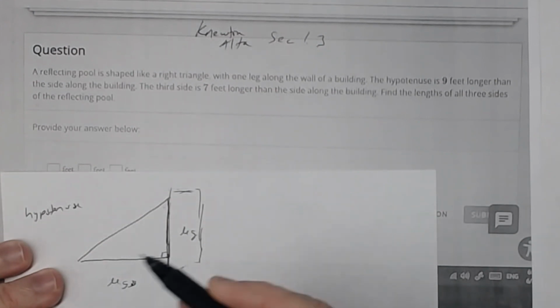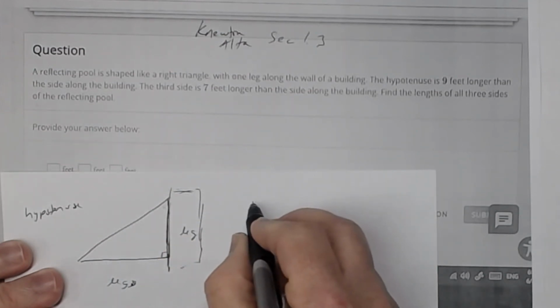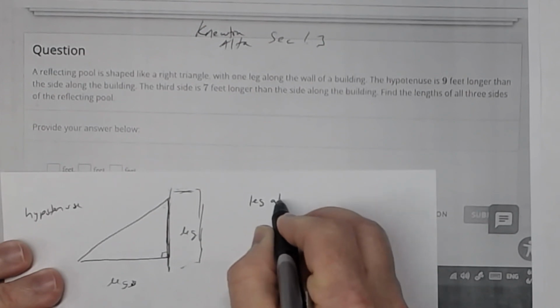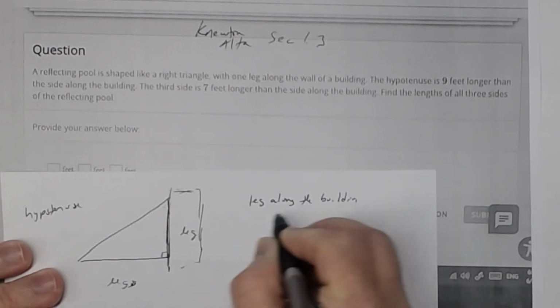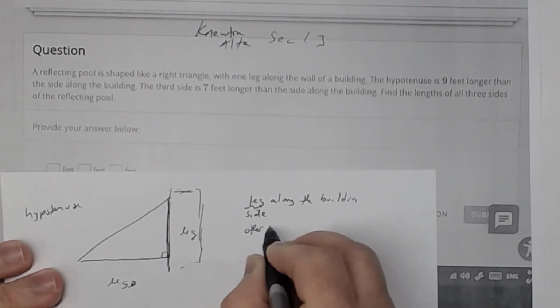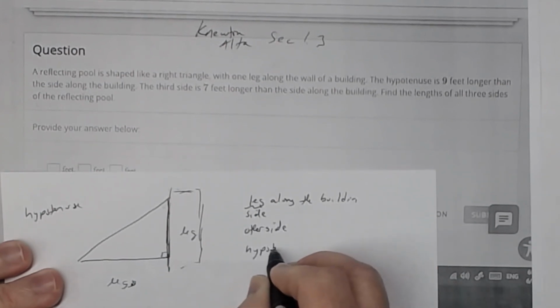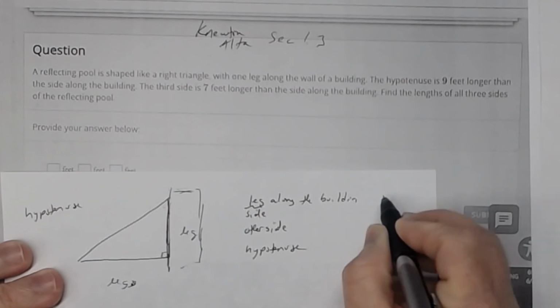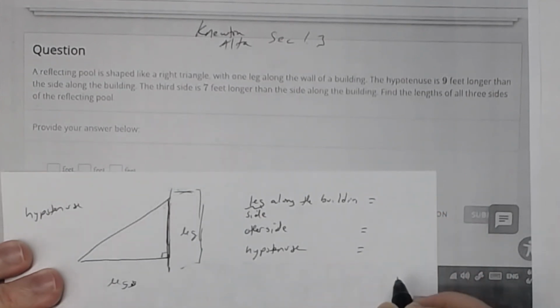So mathematically, what you're going to do is relate those in terms of expressions. You have the leg along the building, which we call the side. You have the other side, and then you have the hypotenuse. What you want to do is represent all of these unknowns using variables.